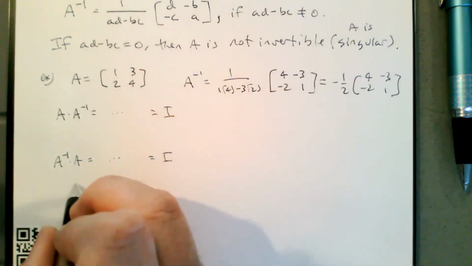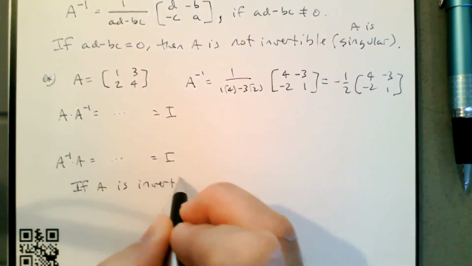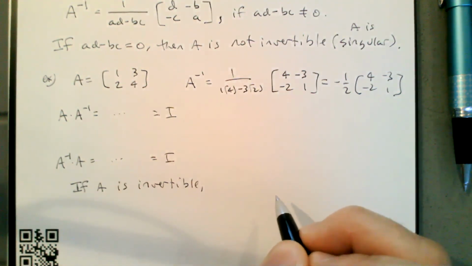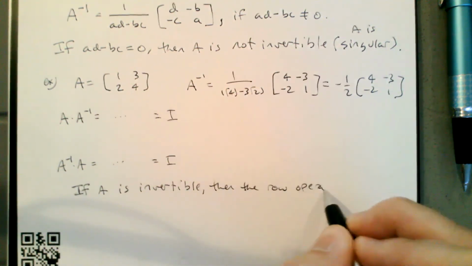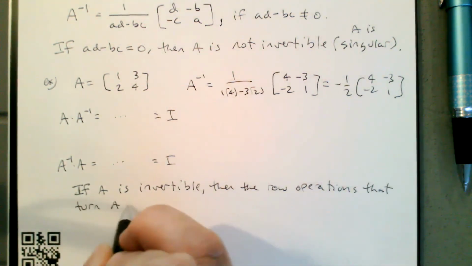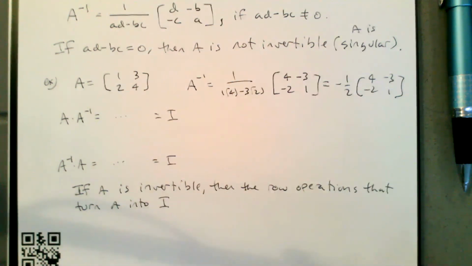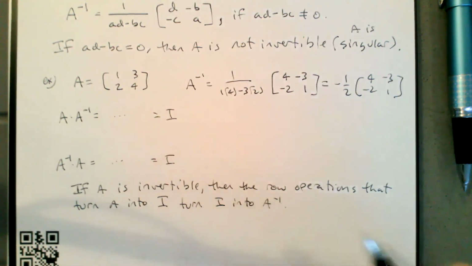So with that in mind, if A is invertible, then the same row operations that transform A into the identity matrix will turn the identity matrix into A inverse. I've said a lot by saying this.